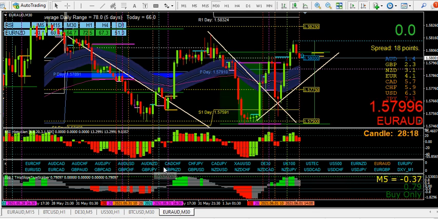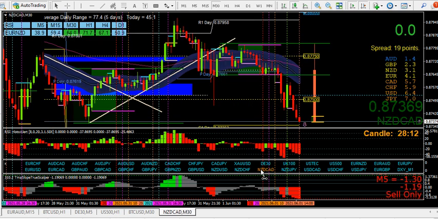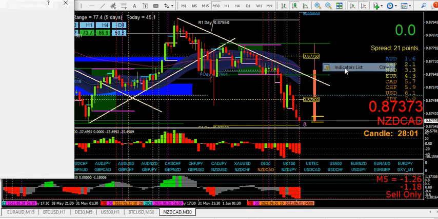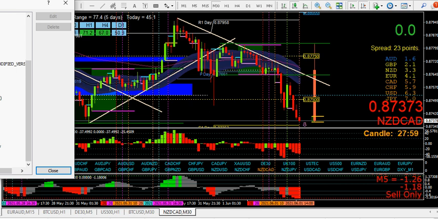Over here somewhere, NZD. Have I not got it? Oh, there it is there. I need to sort these out. Yeah, this is overextended now. We've got a good, and remember that needs changing manually, so quick change there is fairly easy.